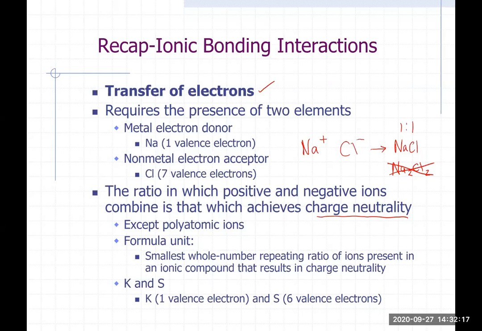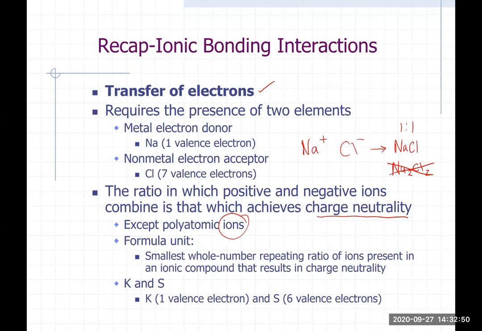The exception is polyatomic ions, where we don't have charge neutrality. That is the smallest whole number repeating ratio of ions that are present, and their oxidation states sum to the charge that's on the polyatomic ion. If we had another example for an ionic compound of potassium and sulfur, potassium, of course, will give up one electron so that it can get the noble gas configuration of argon.